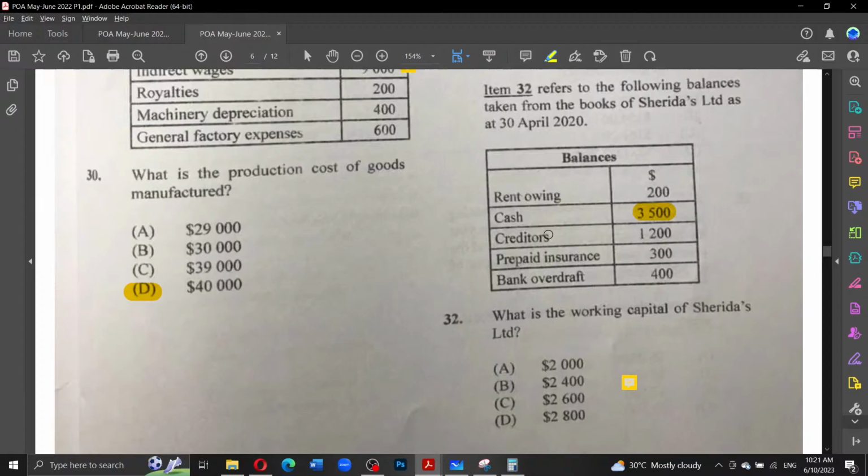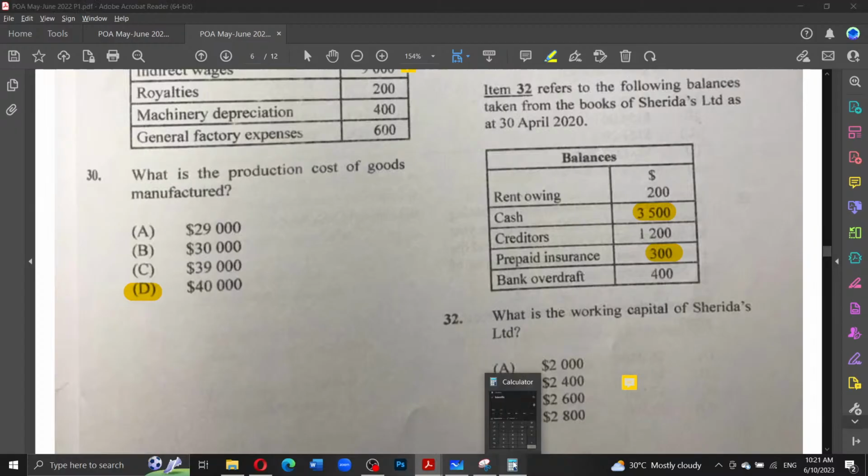Creditors is another name for payables, so we treat it as a payable. We have 1,200. Prepaid insurance, a prepayment is an asset, so underline this, current asset that is. Bank overdraft is a current liability. It means that you owe the bank money, but it's not a loan.